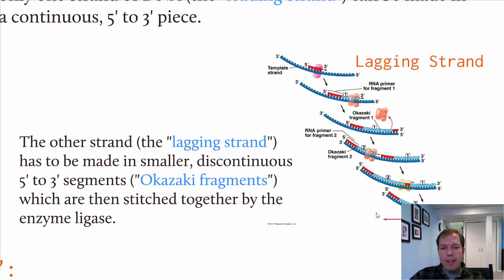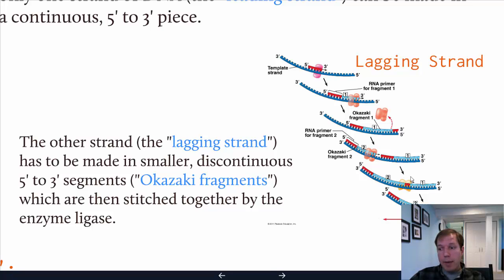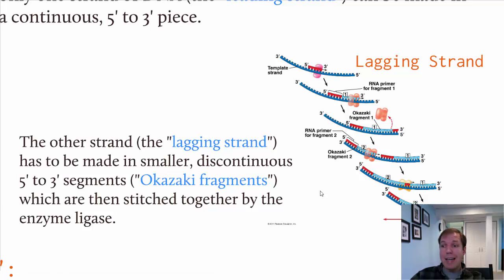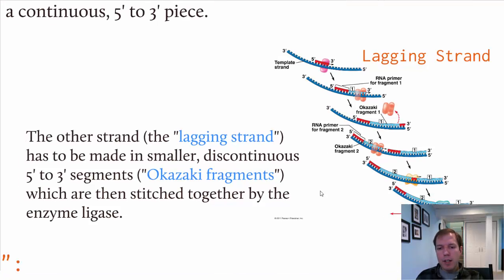Then the enzyme ligase is going to come in, it's going to stitch together those pieces of DNA, replace the RNA with DNA, and ensure that the sugar phosphate backbones will be connected between the fragments.